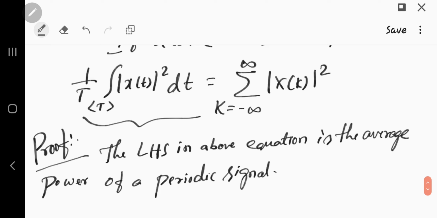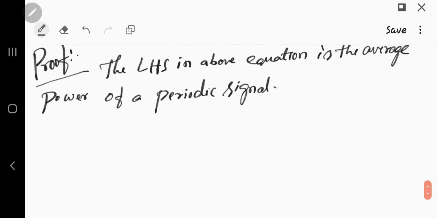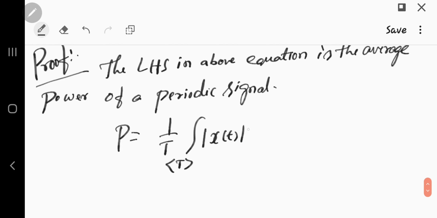This is how we represent the average power of a periodic signal: P is equal to 1 by T, integrated over one particular duration, x of t whole square dt.